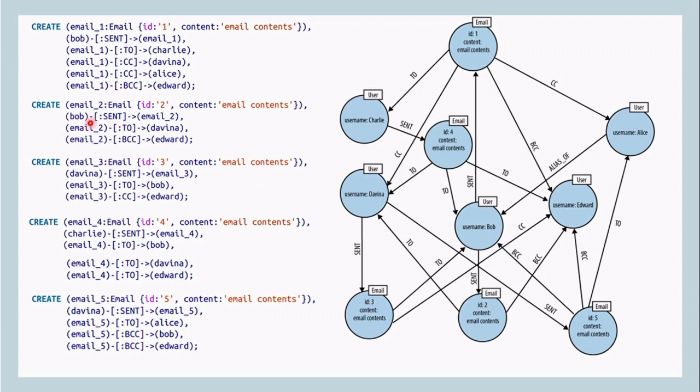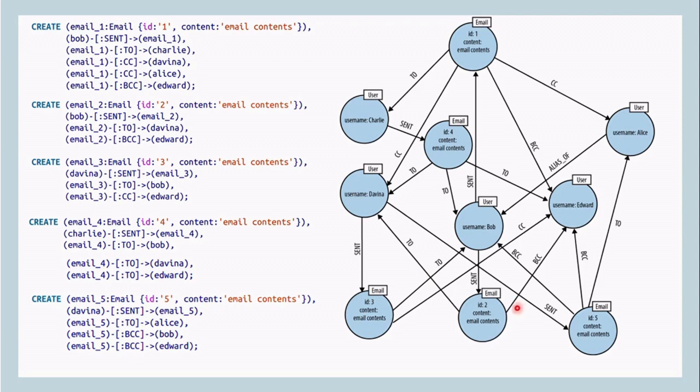Bob SENT email2 means user Bob has sent this email, and similarly this email is forwarded to other users, like TO Davina and BCC Edward. And similarly we have created email3, email4 and email5, and their respective creators and their relationships to other nodes like SENT, TO and CC.